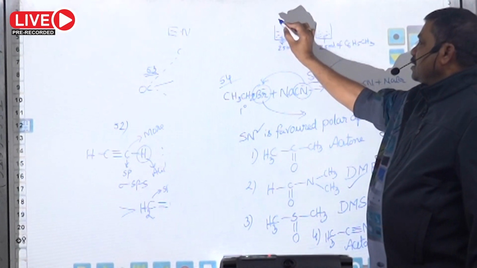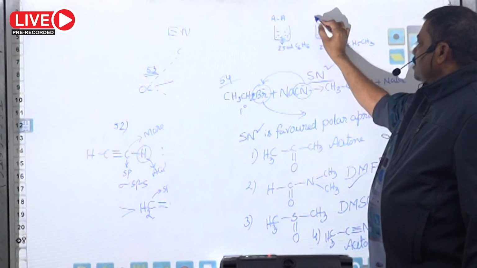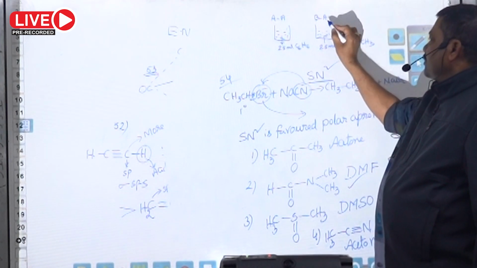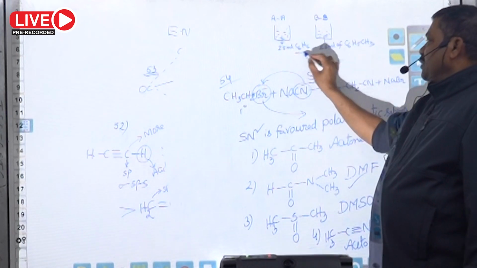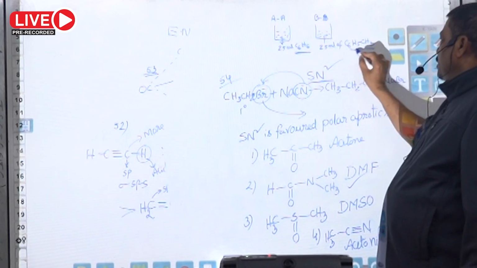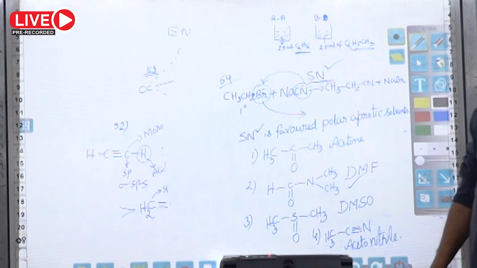In an ideal solution, AA, BB. AA means benzene, BB means toluene. Their interaction should be equal.